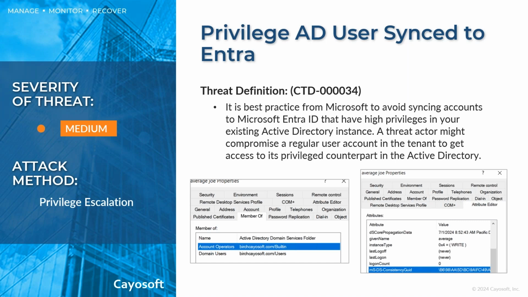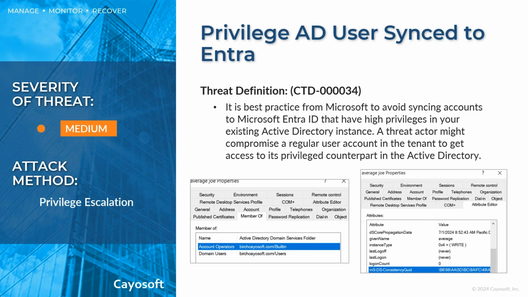So from a defense perspective, I have to defend both on-prem Active Directory and Entra ID. And if an attacker is able to compromise this, depending on what configurations are in there, it may lead to both a full domain takeover as well as a full tenant takeover. So these are things that we need to look for in our organization.